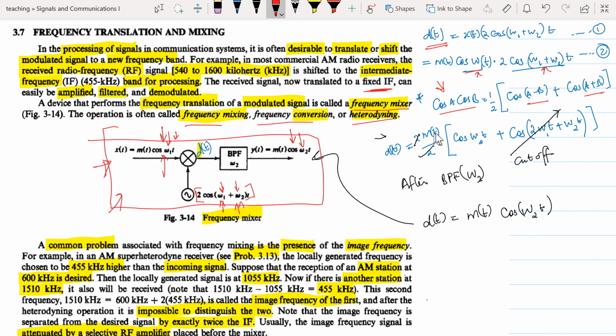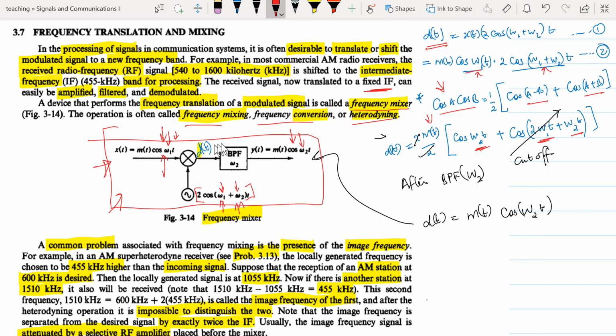The amplitude remains m of t, and the term from the subtraction, omega 1 plus omega 2 minus omega 1, gives omega 2 on its own, whereas the other term will have two omega 1 plus omega 2.